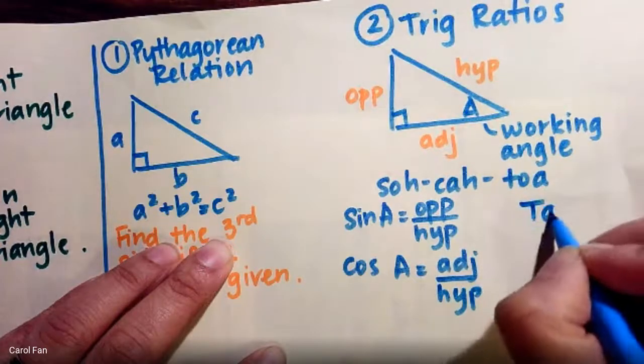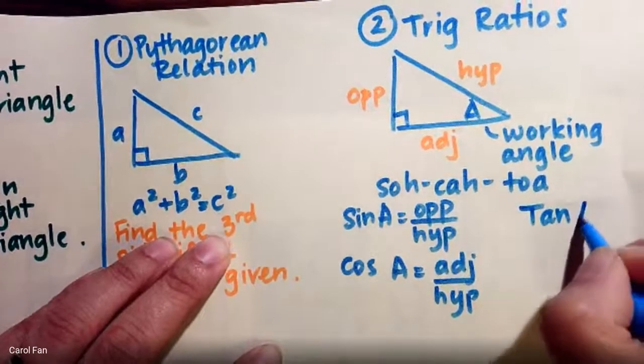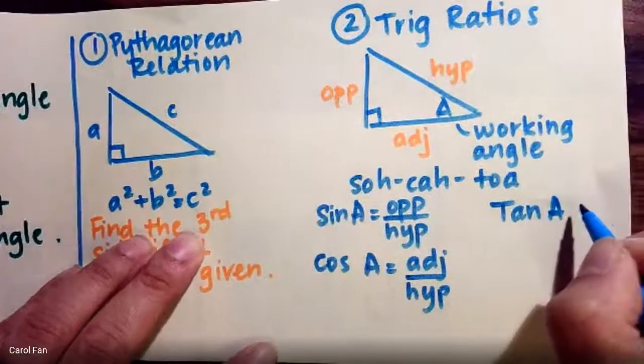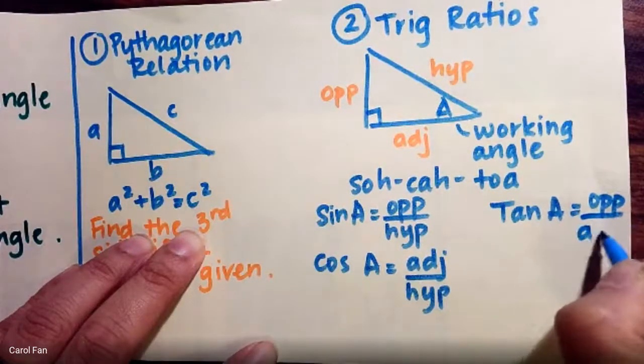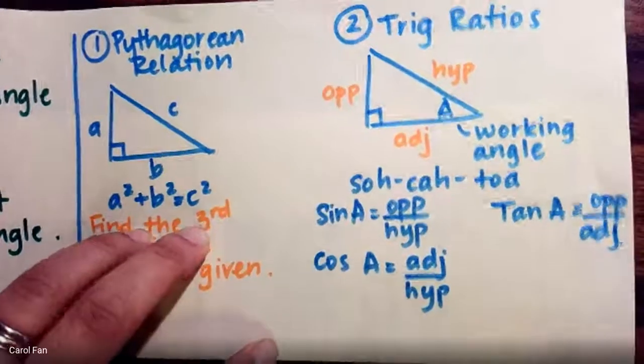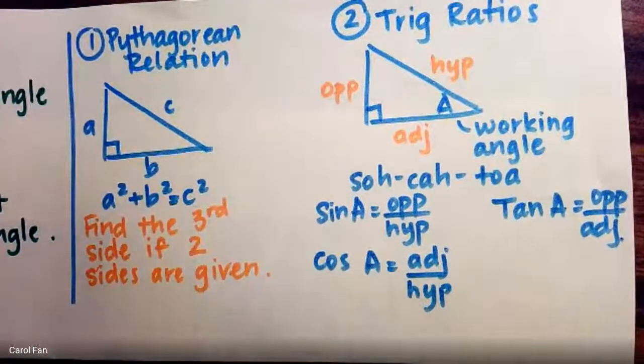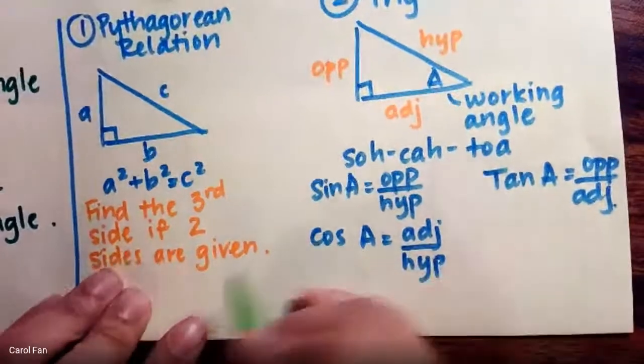And tangent of an angle is equal to opposite over adjacent. Now, both of these can only be applied to triangles that are right angled.